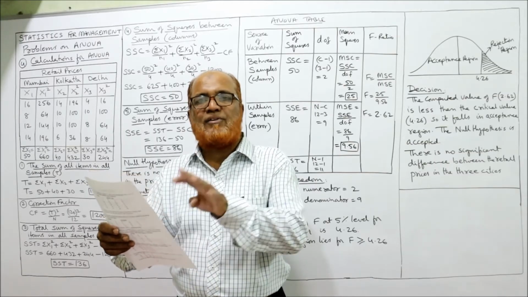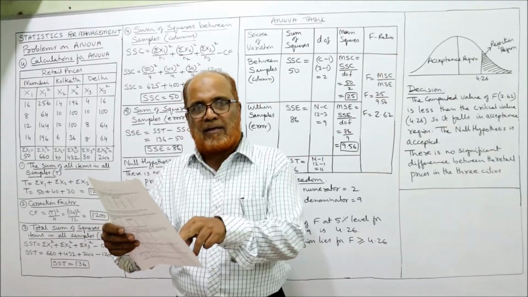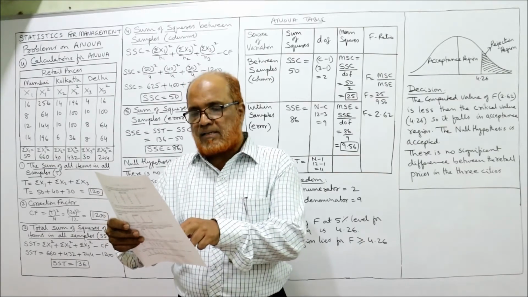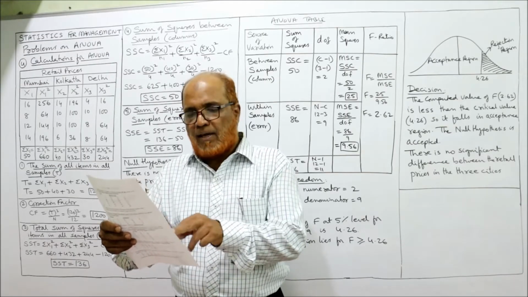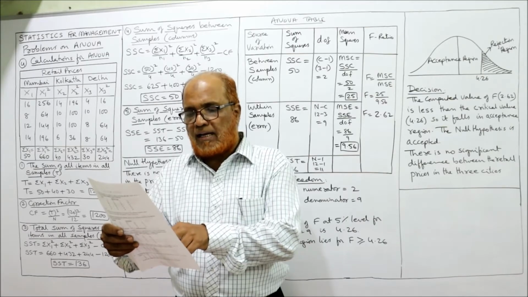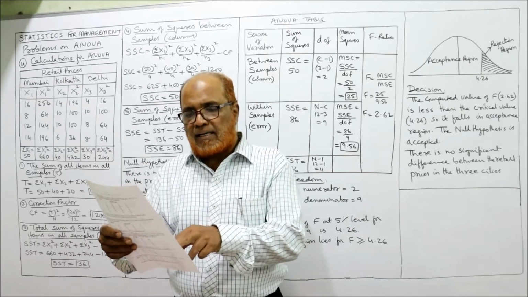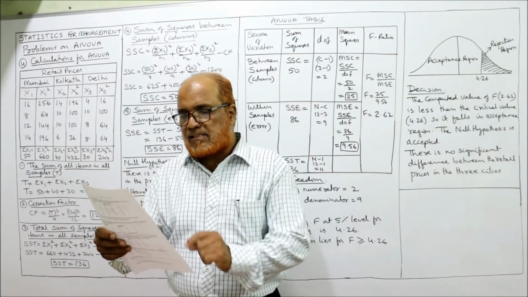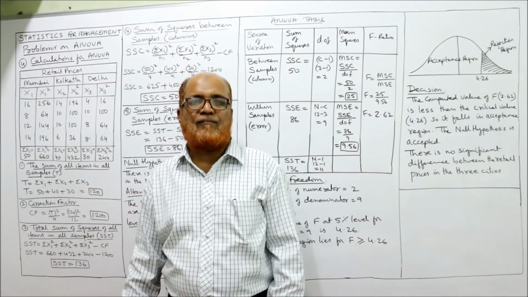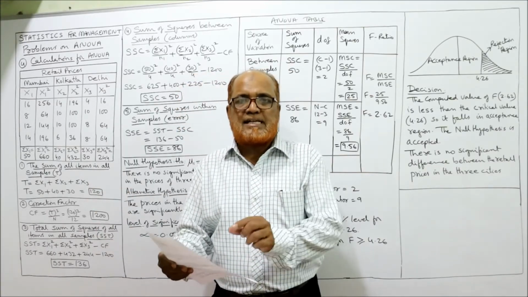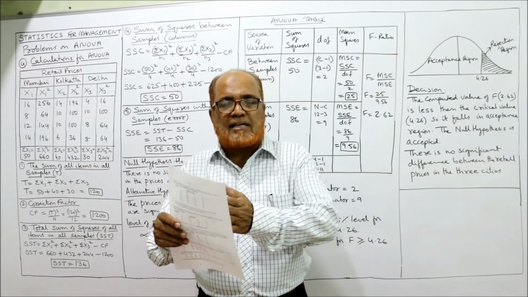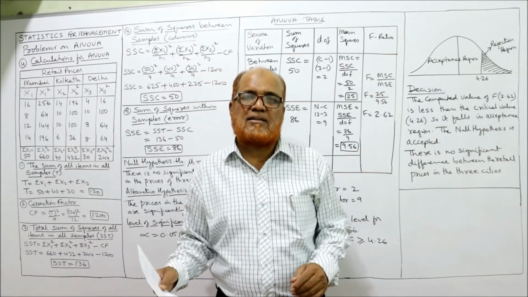In Kolkata the prices are 14, 10, 10, 6. In Delhi the prices are 4, 10, 8, 8. Do the data indicate that the prices in the 3 cities are significantly different?